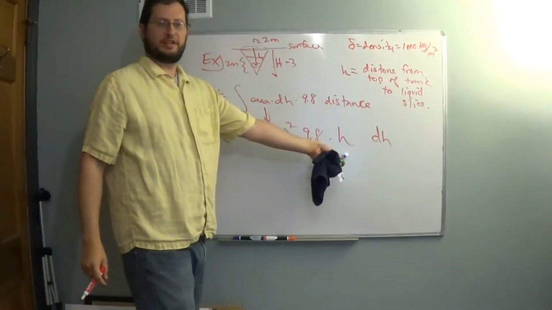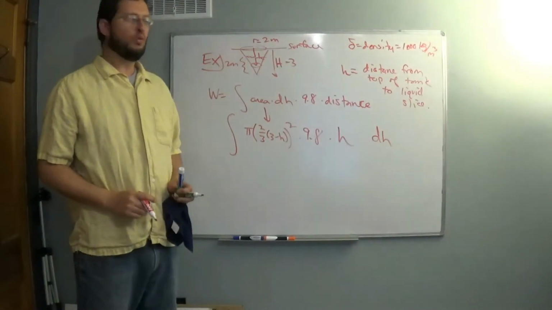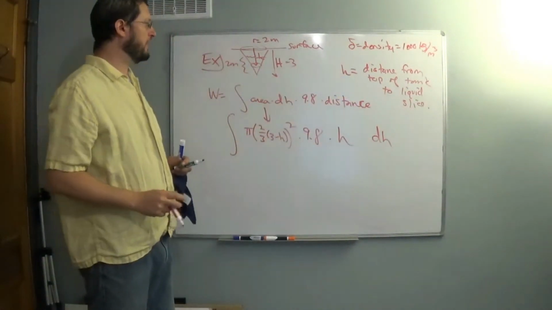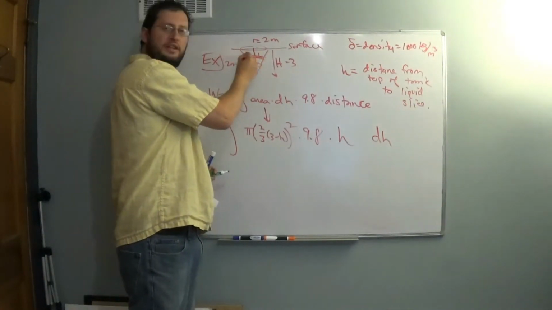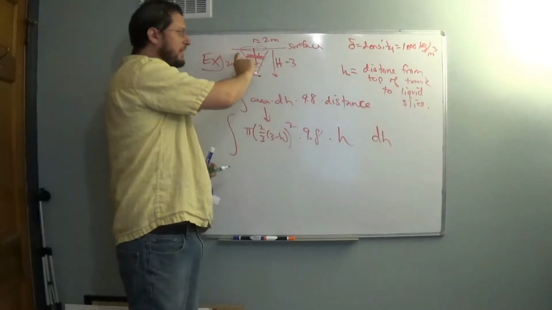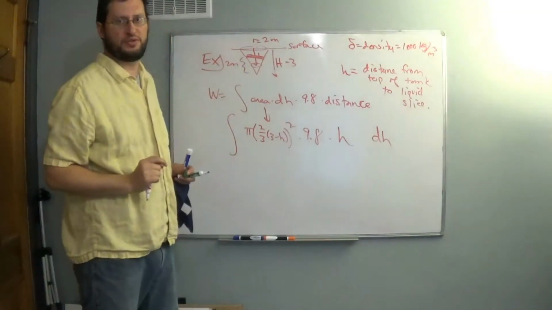That part is easy. The limits of integration become a little trickier in this case. What is the variable? The variable is h. So what is the variable at the first slice? The first slice is right here. Well, since this liquid was filled 2 meters deep, that means the first slice corresponds to 1 meter below the surface.